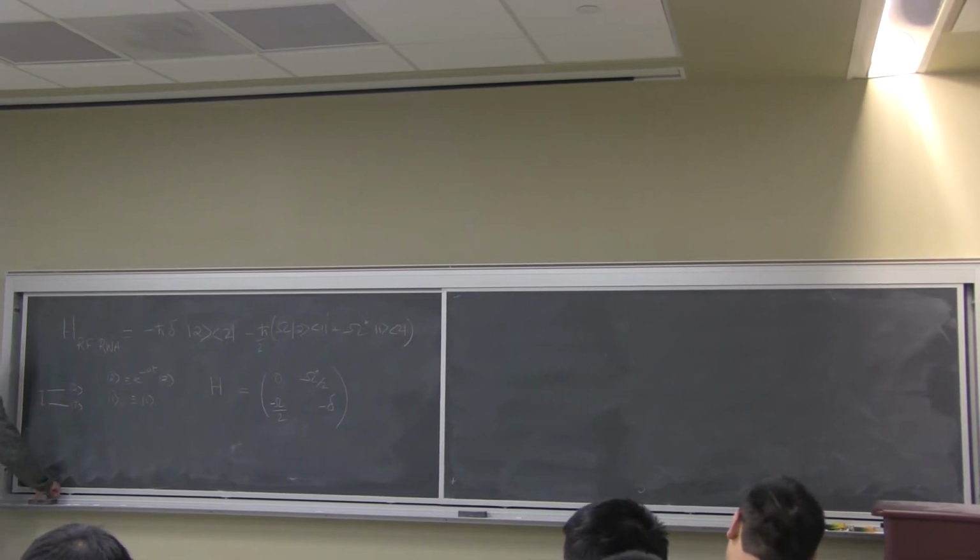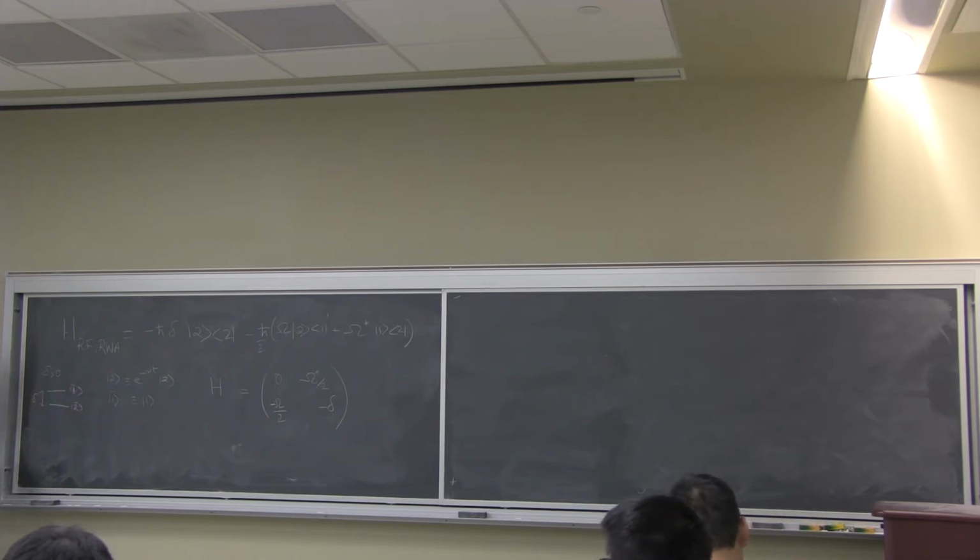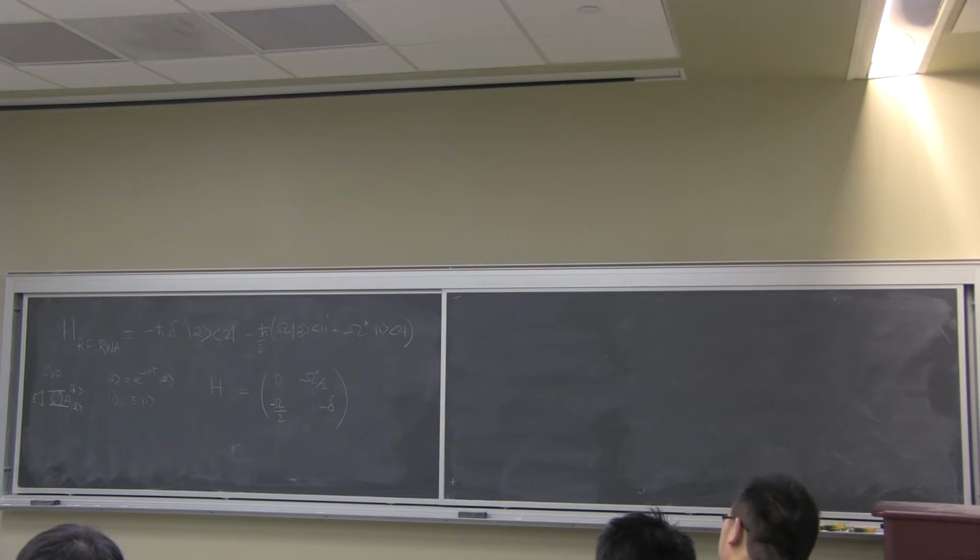If delta is greater than 0, then 1 tilde is above 2 tilde, and delta is the spacing between 1 and 2, because now 2 is below state 1 in this new rotating frame. This would be the equivalent picture from that Hamiltonian, and there is now a driving term omega or omega star between the two states.